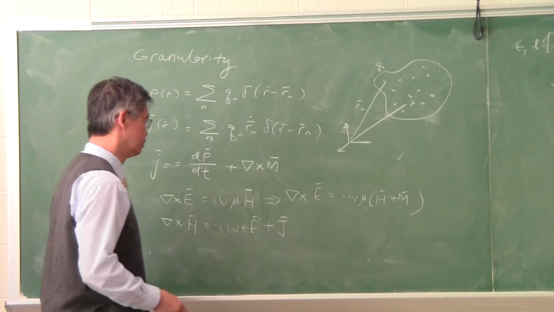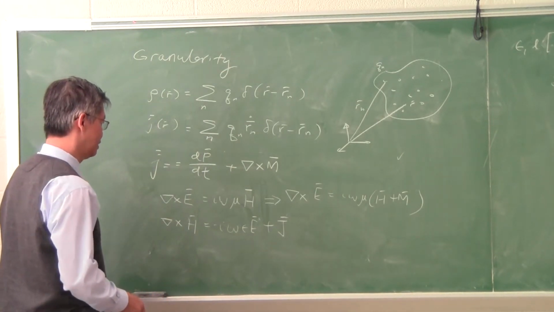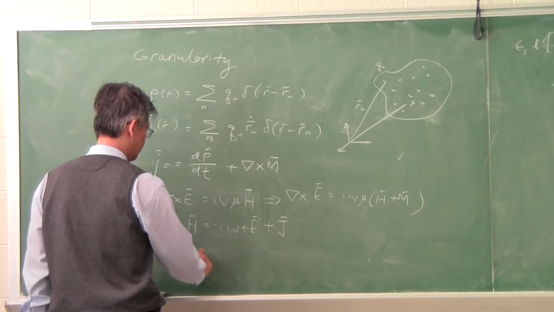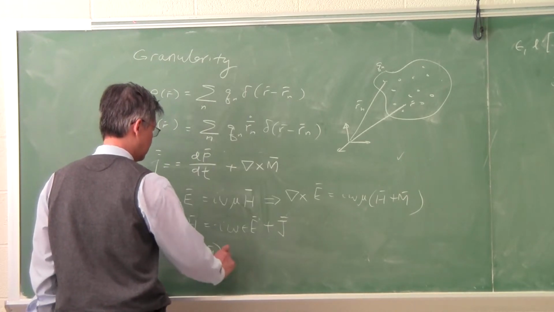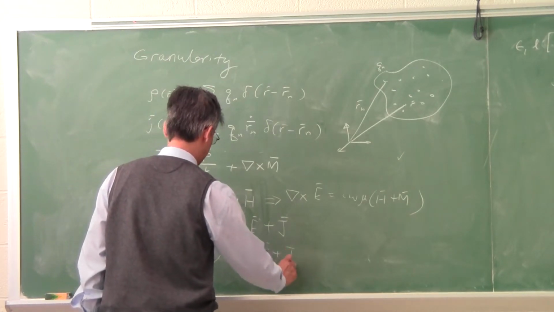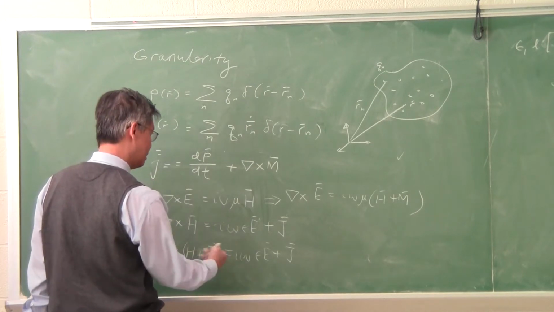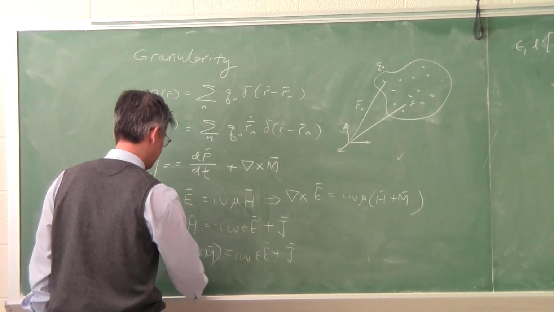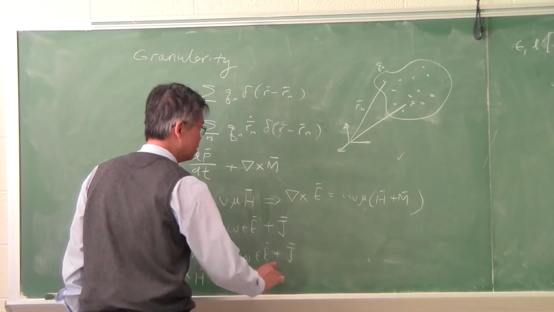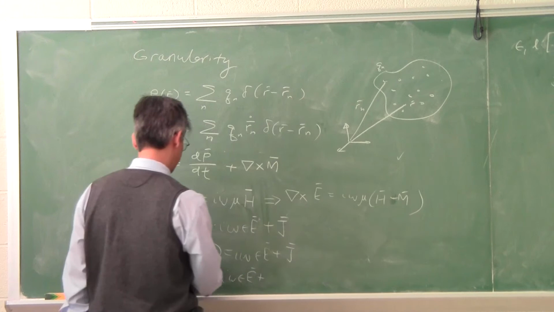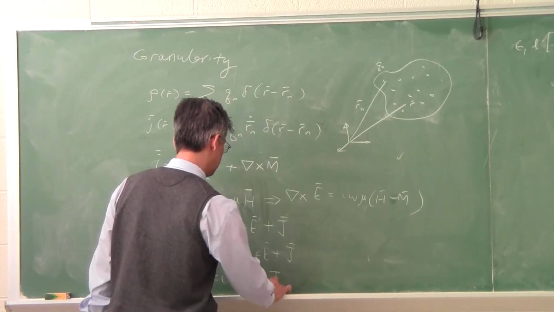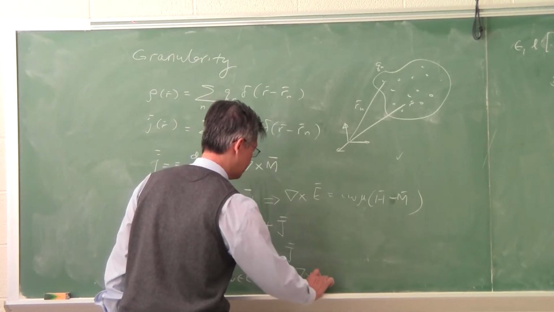And then the second equation I can write with curl of H plus M equal to i omega epsilon E plus J. Then I can take the M to the other side and write curl of H equal to i omega epsilon E, and if I put a minus sign here, then things come out right: J plus curl of M.